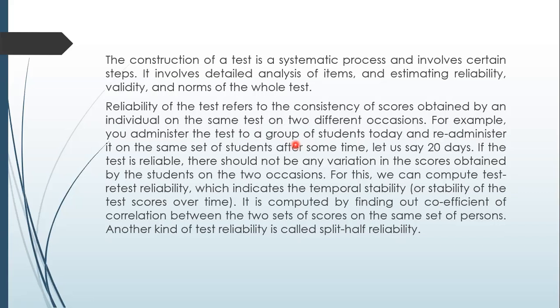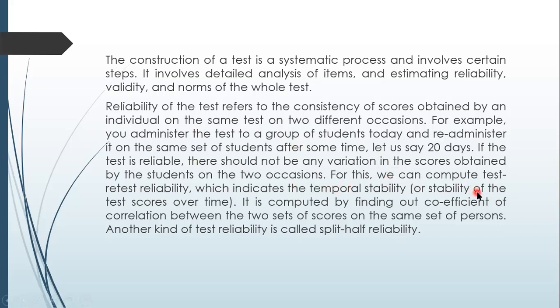After 20 days, on September 5th or 15th, the same intelligence test is administered again to the group A students. You can understand that the result should be more or less equal. Then the test is reliable because it is giving the same results in both situations.